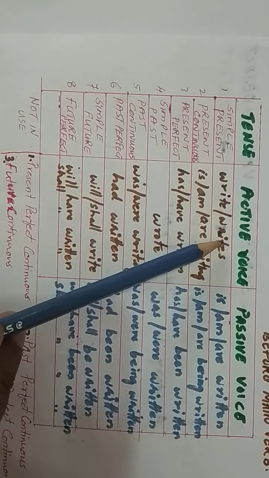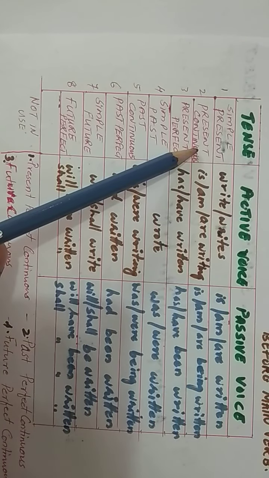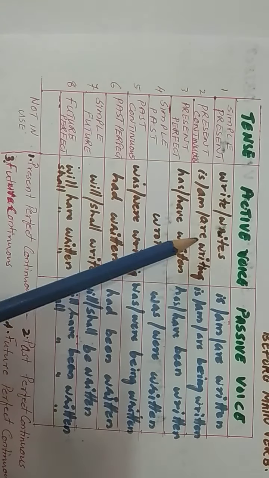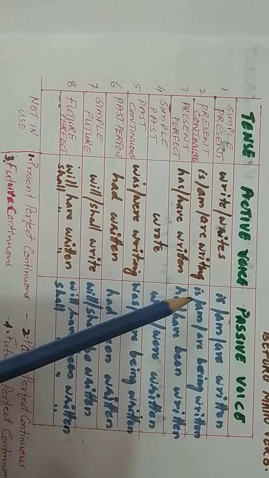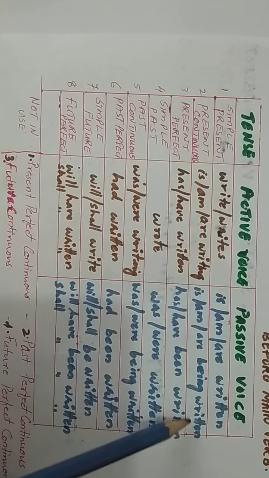So here in all the cases we have taken the main verb write. In present continuous tense, is, am, are writing is changed into is, am, are being written. That's the third form of the verb.